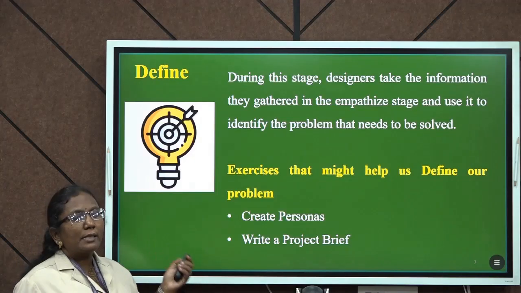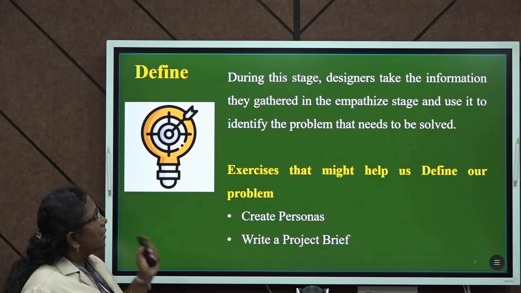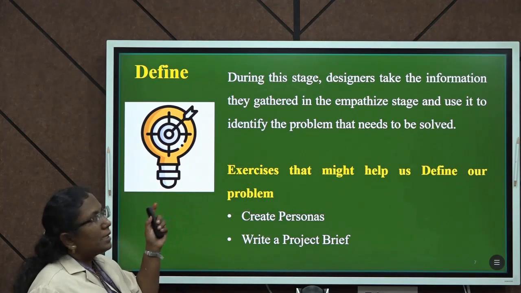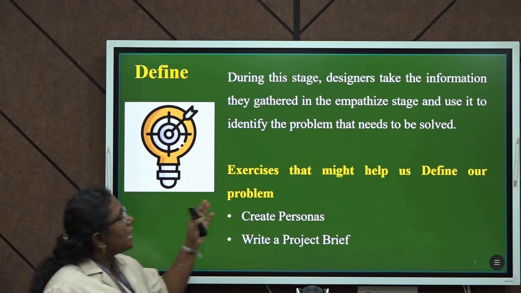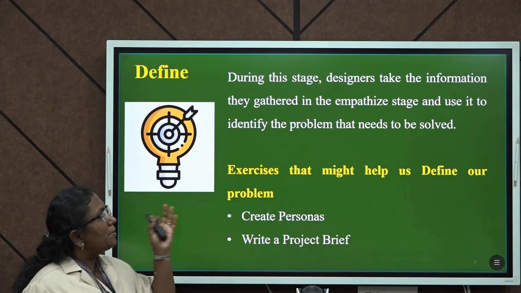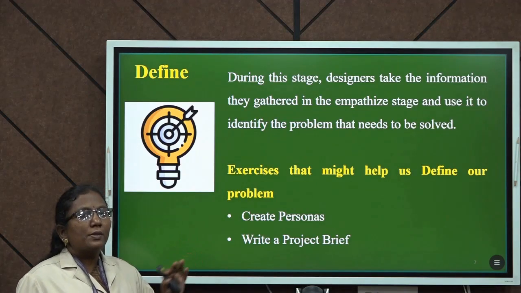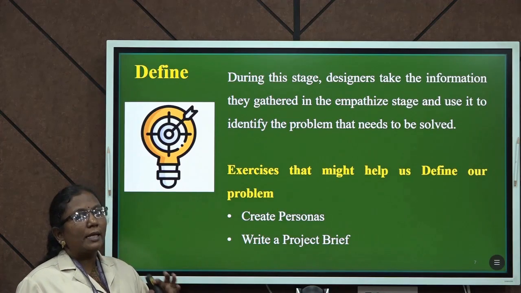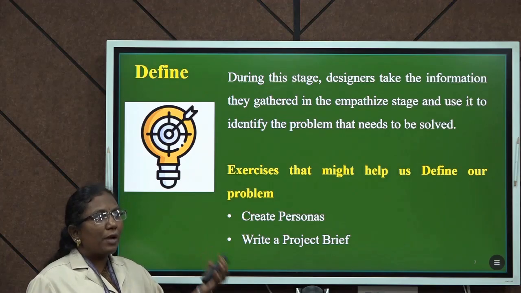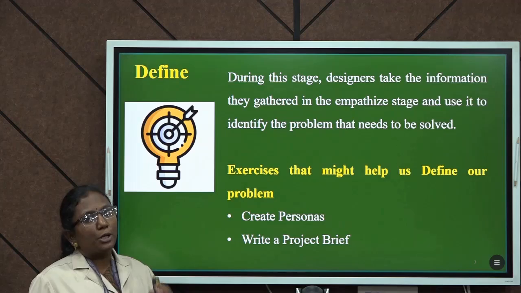The second stage of the design thinking process is to define. During this stage, the designers take the information that was gathered in the empathize stage and use it to identify the problems that need to be solved. In this stage, the team gathers the information from the previous stage, and from that they get a clear-cut idea about that particular problem.